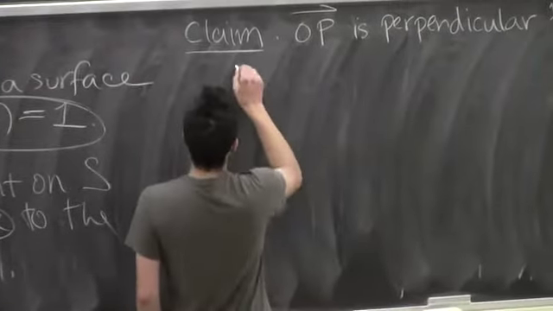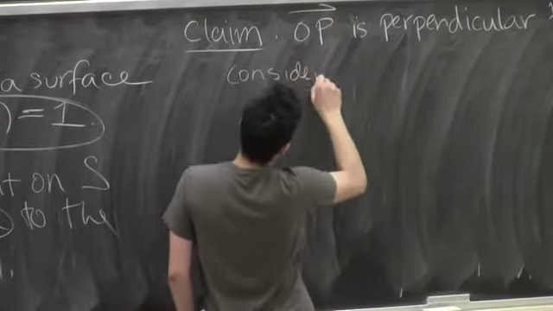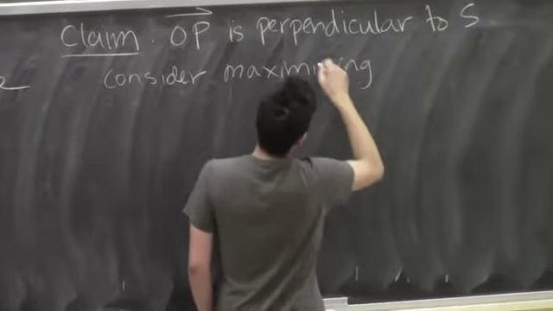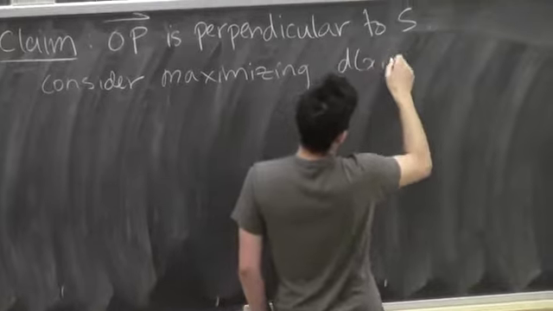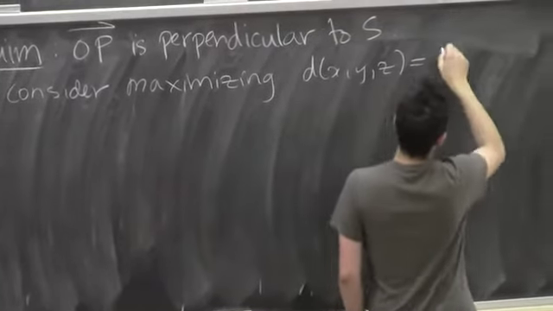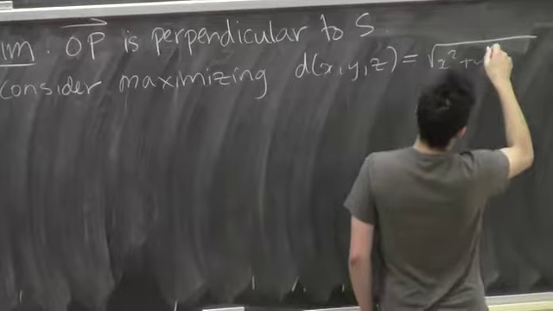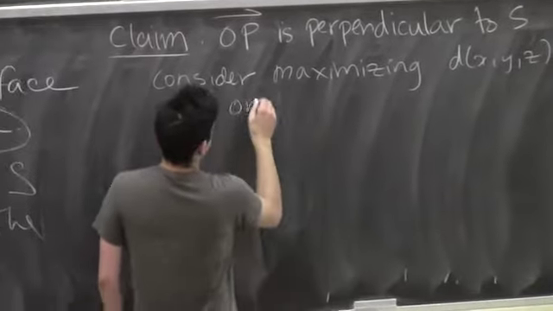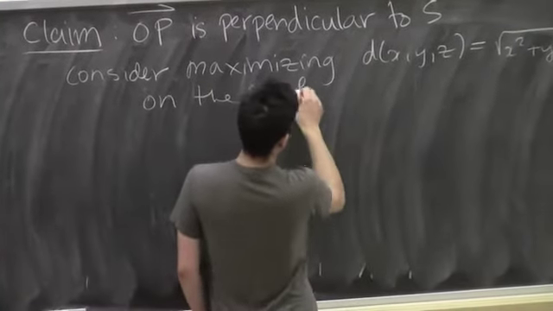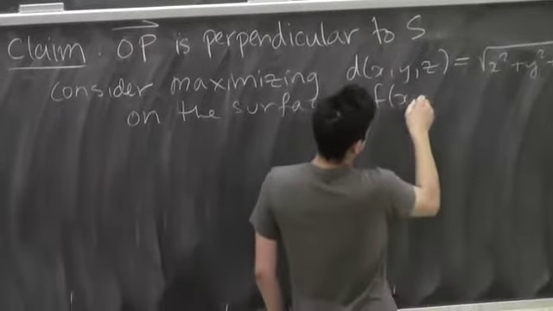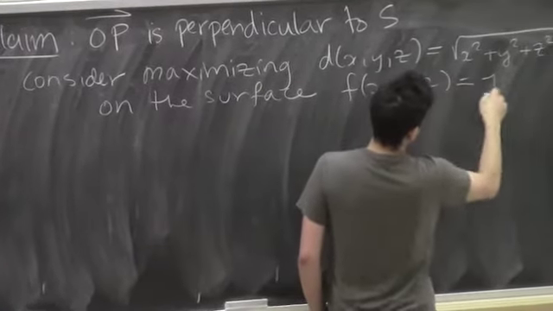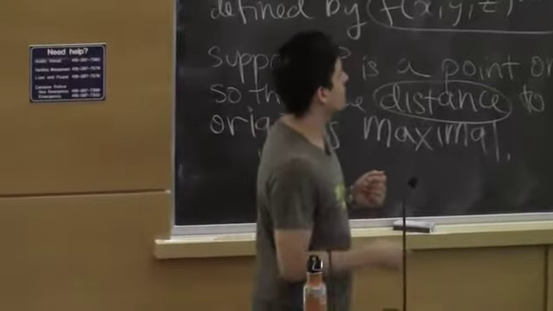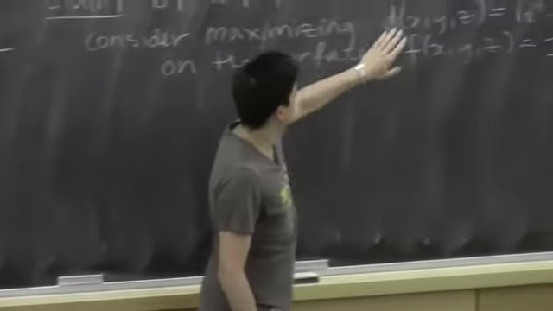So the goal is to consider maximizing this on this surface here. Right, so that's the function we're optimizing, and there's our constraint.